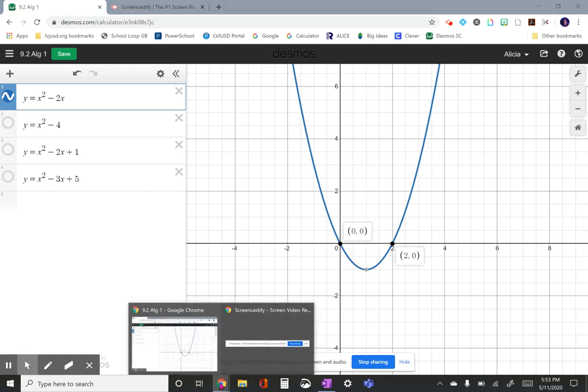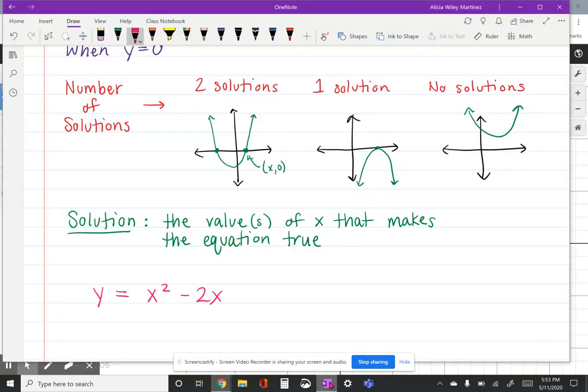So in looking at the values here, we can know that if y is 0, x could equal 0 or x could equal 2. And oftentimes we just write that answer as x can be 0 or it can be 2. We don't usually put the or, you can just write a comma.